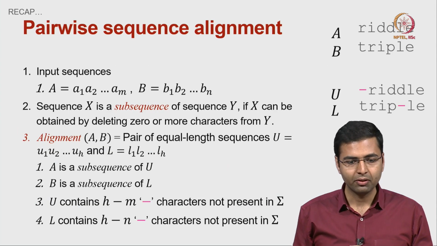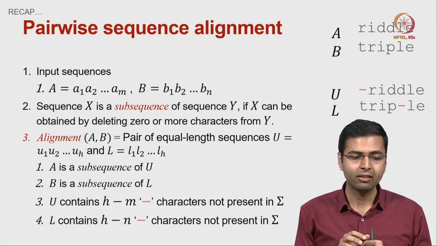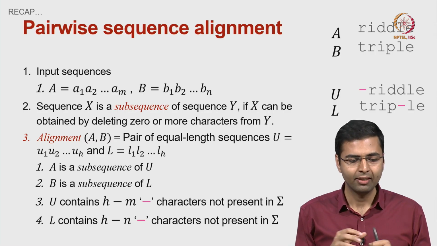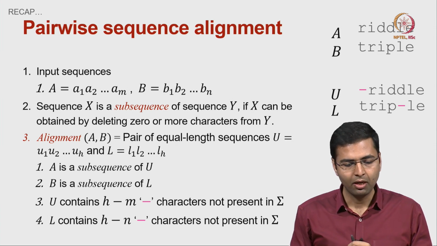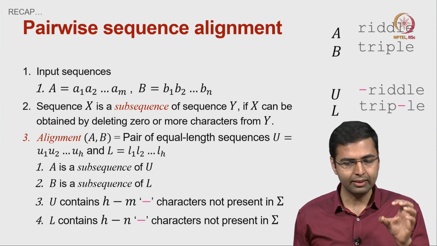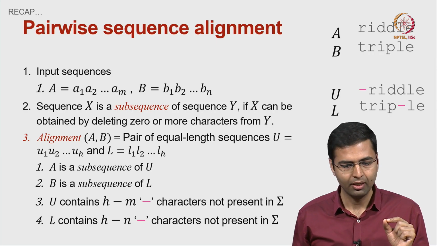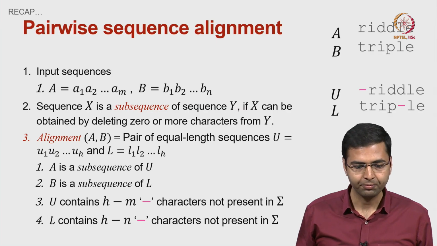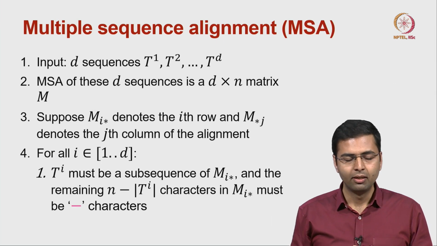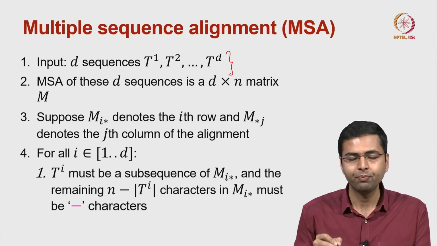So we will extend the definition that we had already looked at for pairwise sequence alignment. This is a lecture slide from the previous lecture. We want to extend this definition now to multiple sequences. Let us see how to do that. In case of multiple sequence alignment, we are given D sequences as input.